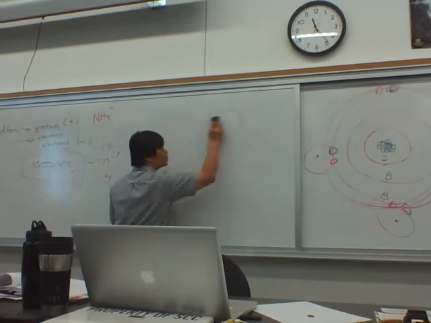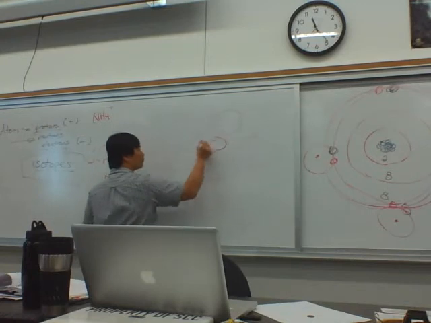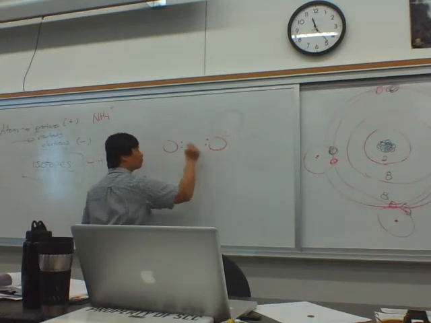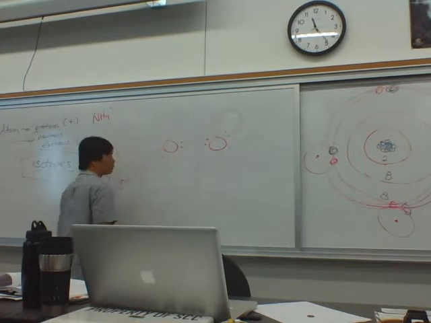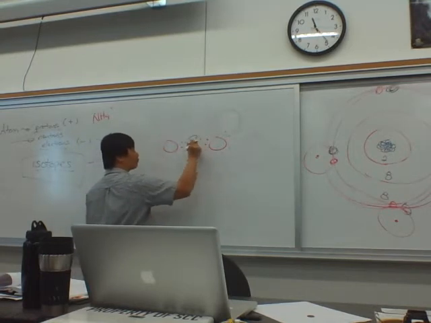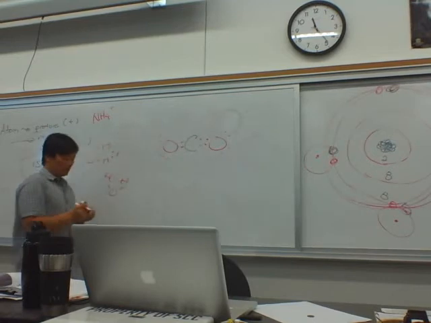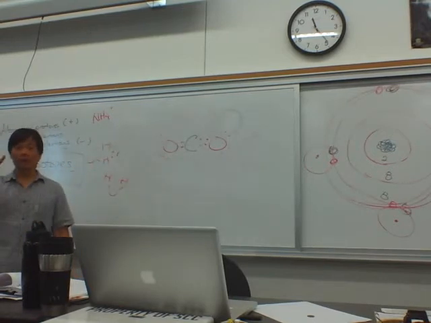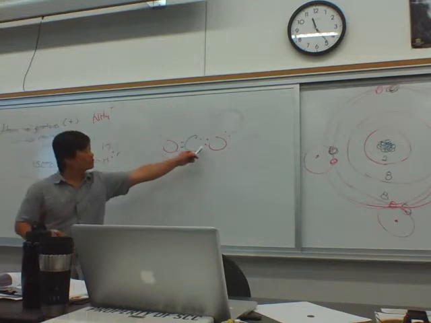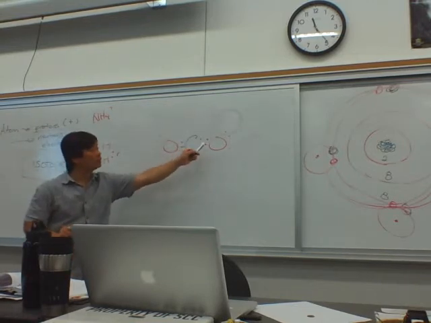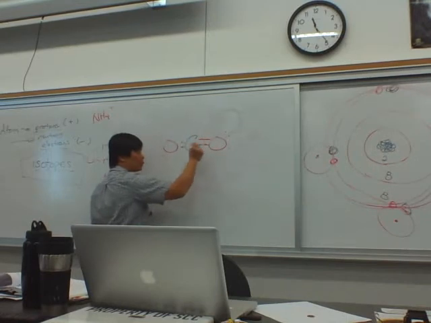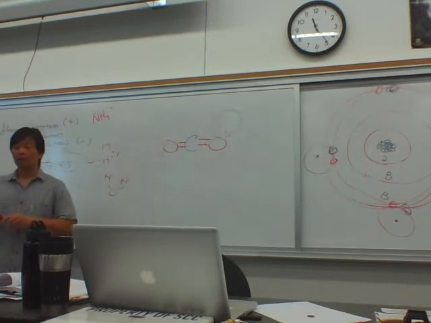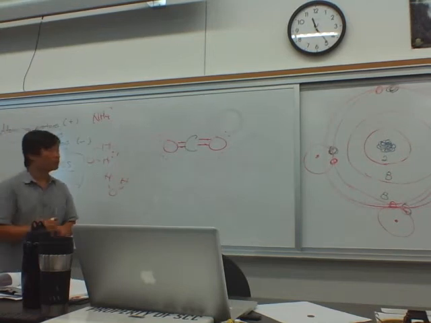So we're looking at now, because I say each line, each covalent bond represents 2 electrons, because there are 4 electrons holding this carbon to this oxygen, we will actually draw 2 lines down. And this is the structural formula of carbon dioxide, CO2.